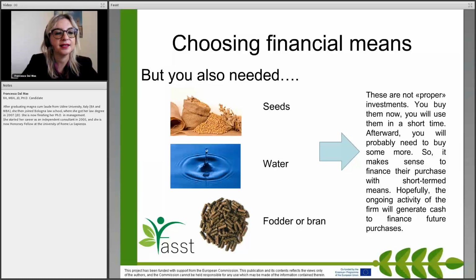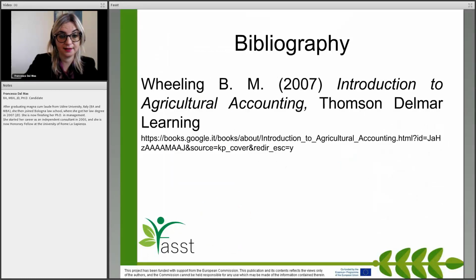So in this case, it makes sense to finance their purchase with short-term means. Hopefully, the ongoing activity will generate enough cash to finance future purchases. But in any case, it makes sense to use short-term tools in this case.